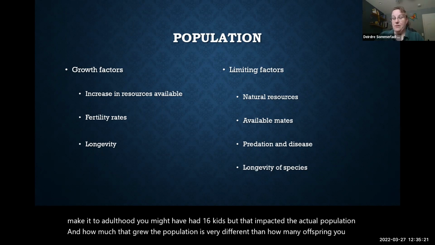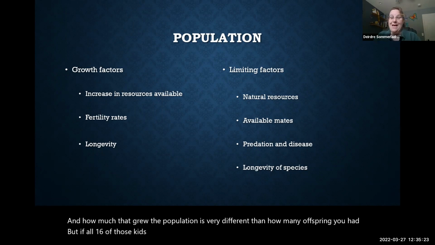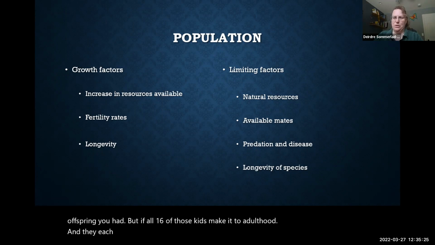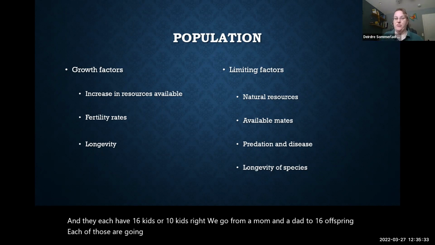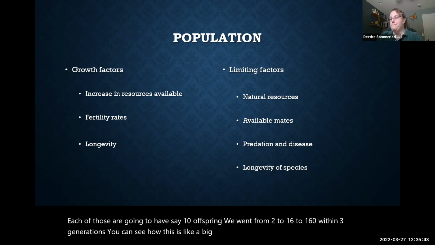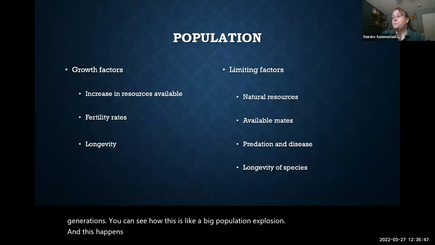But if all 16 of those kids make it to adulthood and they each have 16 kids or 10 kids, right? We go from a mom and a dad to 16 offspring. Each of those are going to have, say, 10 offspring. We went from 2 to 16 to 160 within 3 generations. You can see how this is a big population explosion. And this happens across all species.